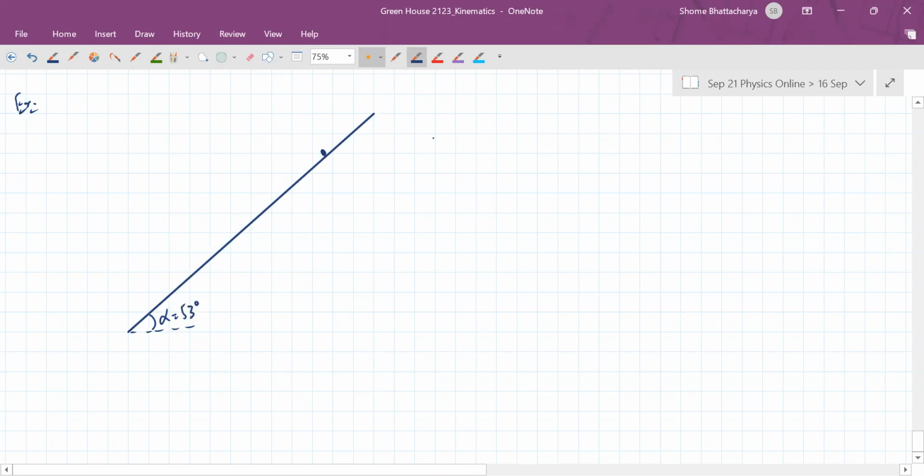And from here, we are projecting a particle like this at an angle of 30 degrees at a projection speed of 20 meters per second. Take g as 10 meters per second square.